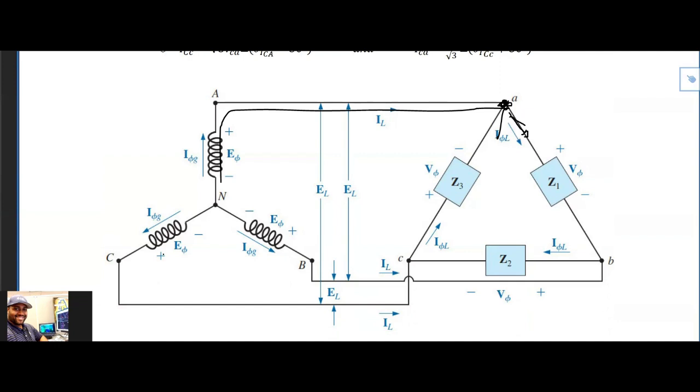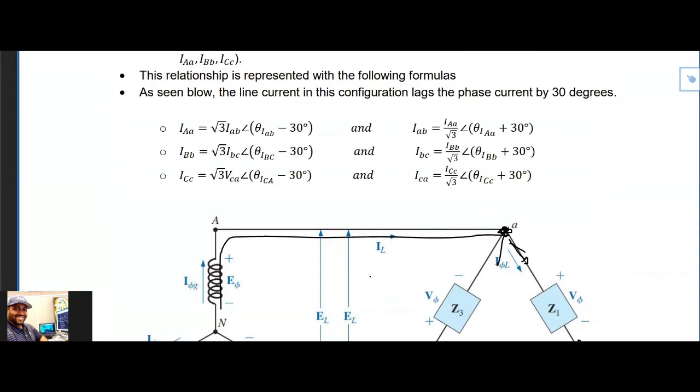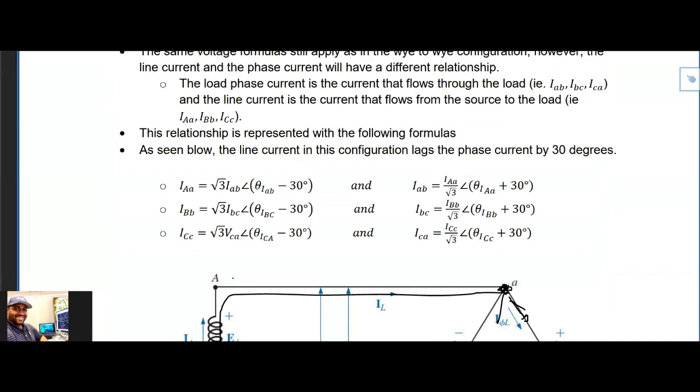And all this is happening at the same time, where these line currents are displaced by 120 degrees. So you get this line current coming right here, hits this junction, some goes this way, and some goes this way. Same thing with the B line current. Some go this way, some go this way.